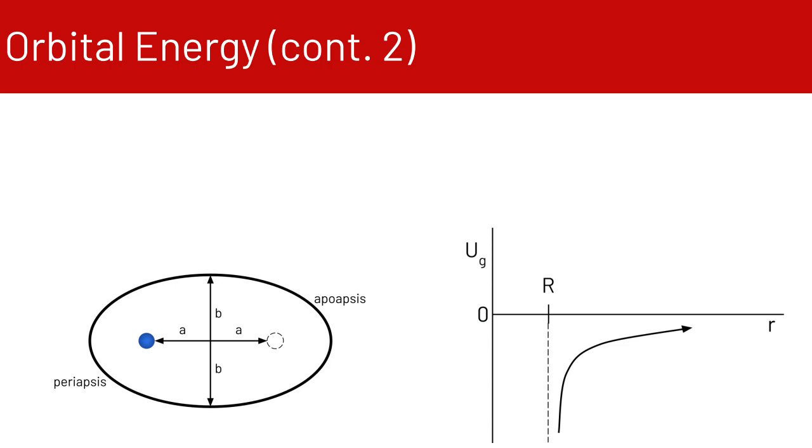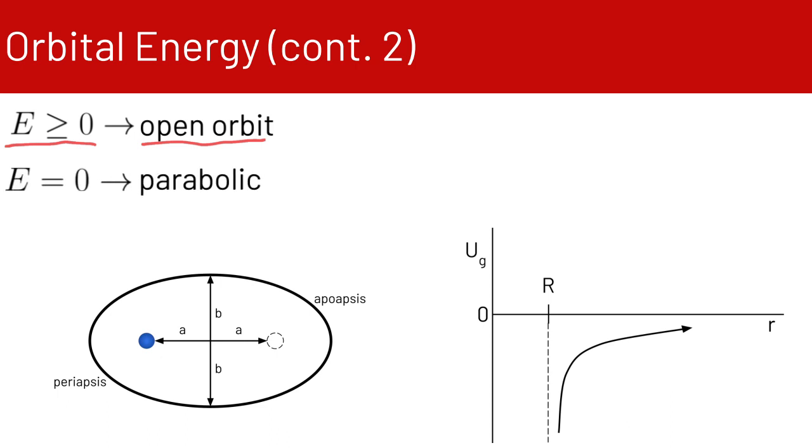Okay, so one more slide looking at orbital energy. If E is greater than 0, then we have an open orbit. And there's a couple of types of open orbits. When E is equal to 0, we have a parabolic orbit.